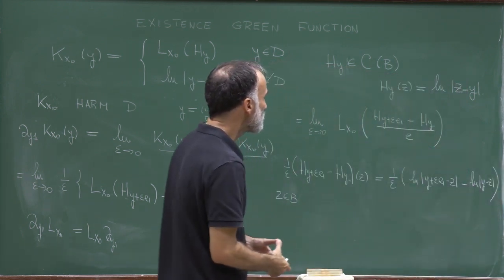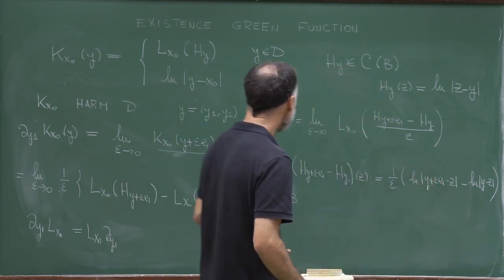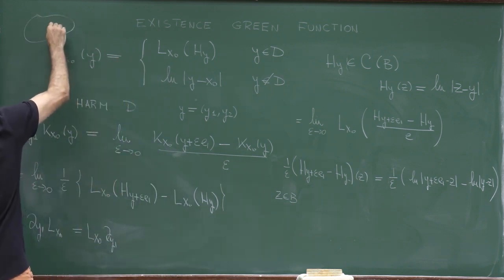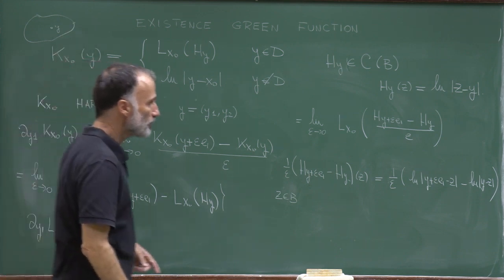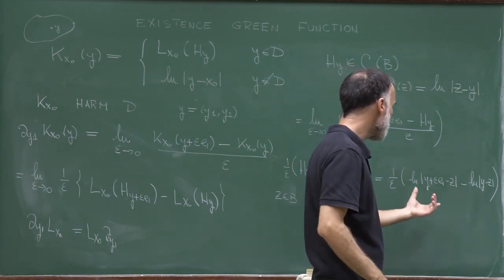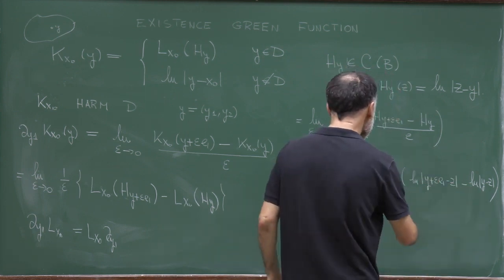And, well, since y belongs to the interior of D, so y is somewhere here, it's clear that this function is differentiable, and it will converge uniformly to its derivative.